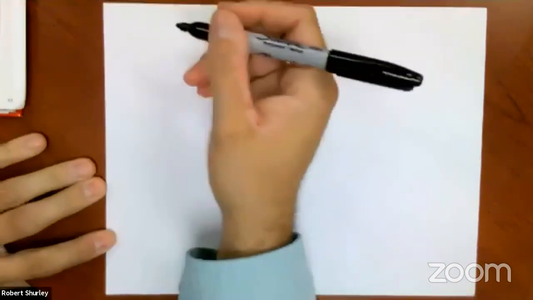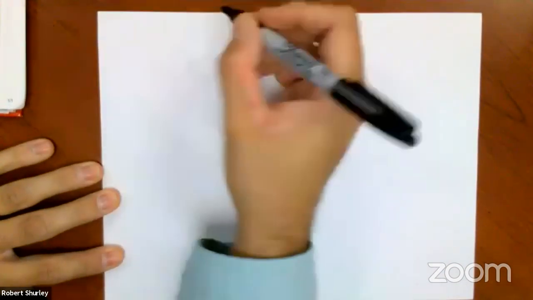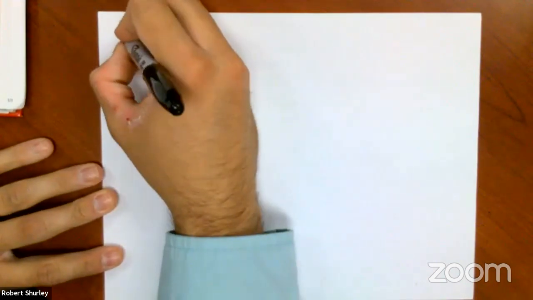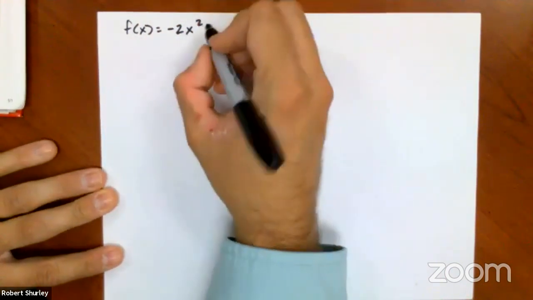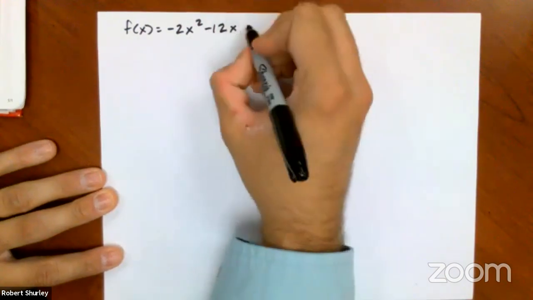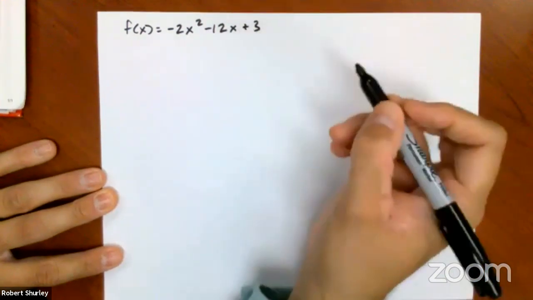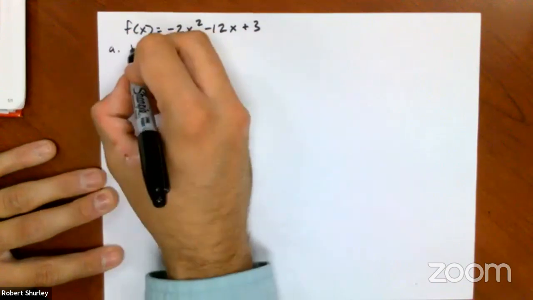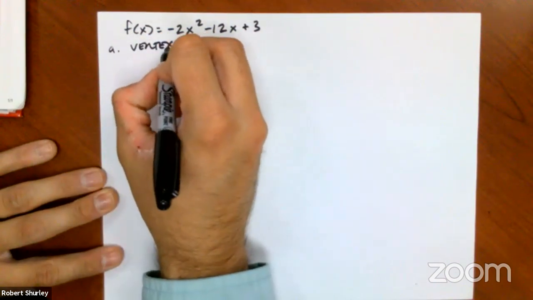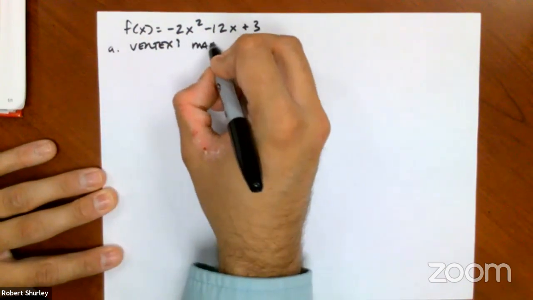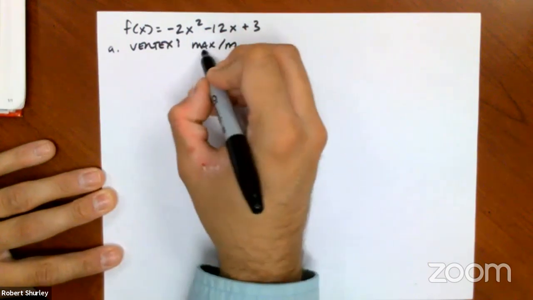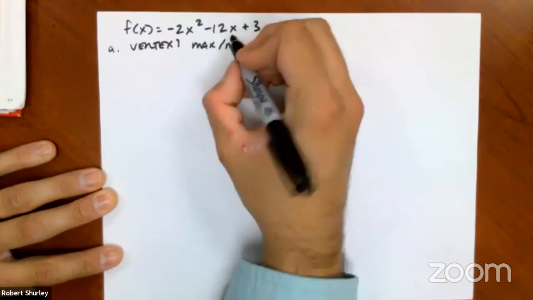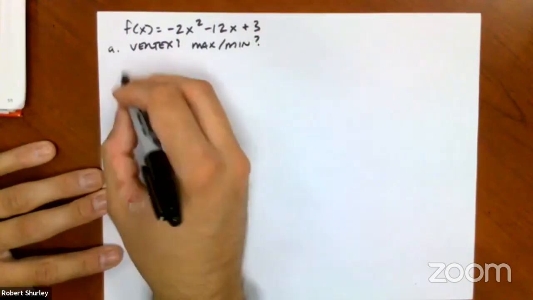Okay, this is 42 on page 343. f of x equals negative 2x squared minus 12x plus 3. Same thing. I want A, find the vertex. We can see that this one's going to be a minimum, right? I'm sorry, a maximum, because it's going to be flipped over. And then I'll give you some room for that.